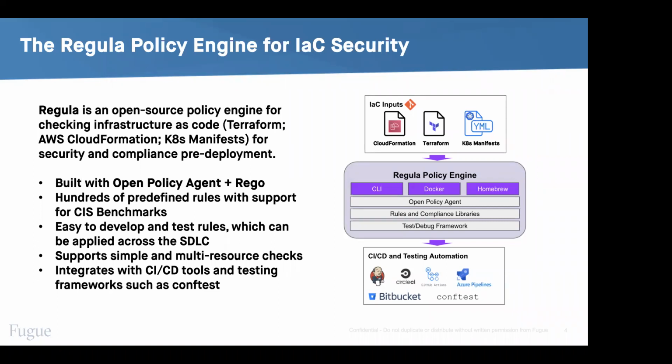It does support simple and multi-resource checks. You will be able to create certain patterns and comparison operators for certain attribute settings that are present. So very common, even in a cluster deployment, you may have certain IAM policies that you don't want associated with a certain cluster. You can write those things using Open Policy Agent.